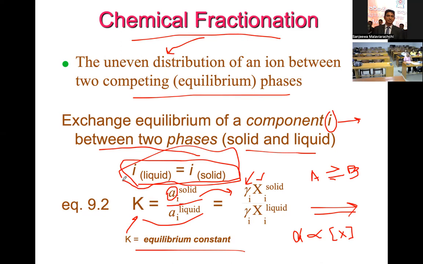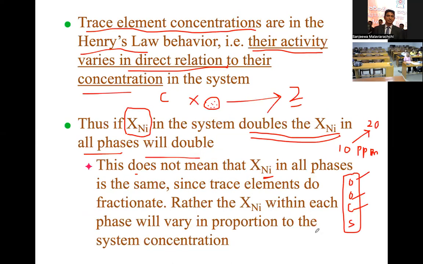It can be a liquid or whatever, but in the mantle you have solid phases. So maybe here you had X amount, here Y amount, and here Z amount. But since the system doubled its nickel amount, all the phases should also double.